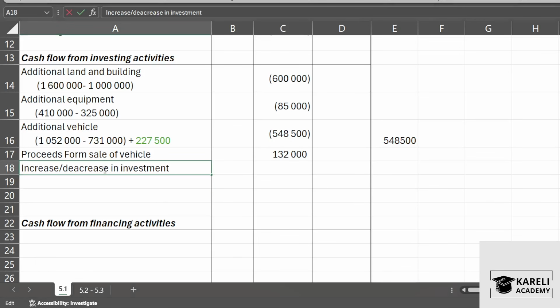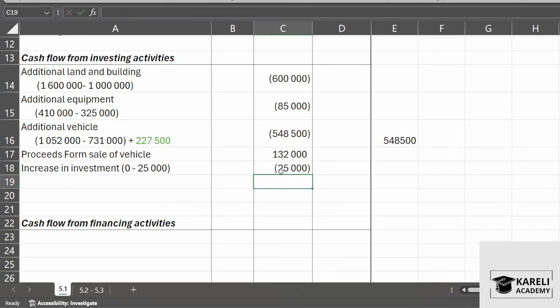Therefore, let me omit decrease because it was an increase in investment, increased by 25,000. And remember, we said additional assets are in brackets, meaning if it was a decrease, it was not going to be in brackets.